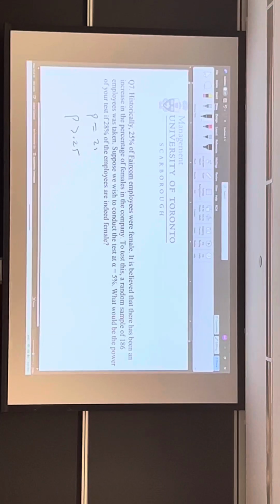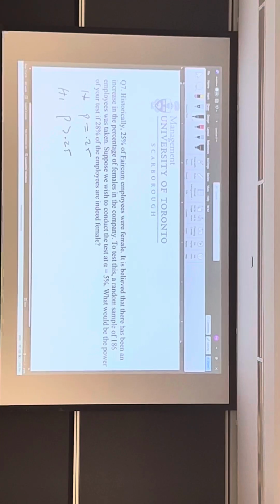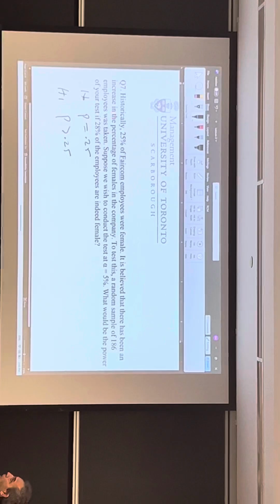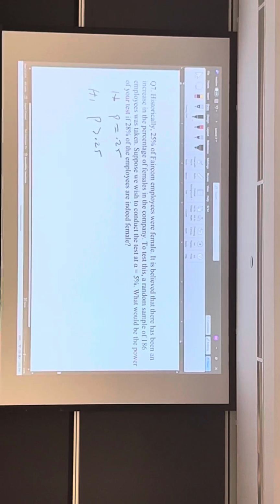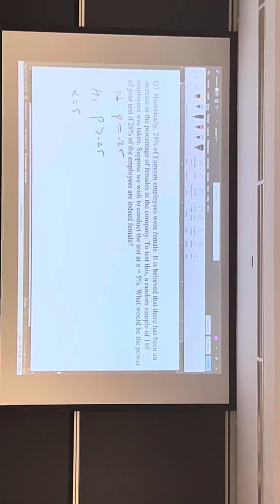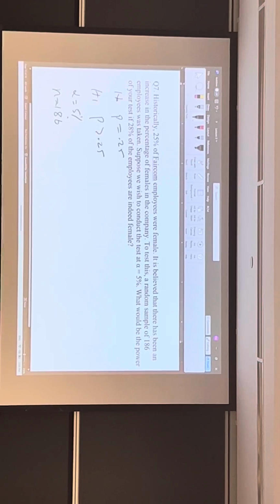Read the question. That is the test. The employees, 25% were female historically. We want to see if it has gone up, an upper tail test, right? We want to do the test at 5%. The sample size is 186, right?